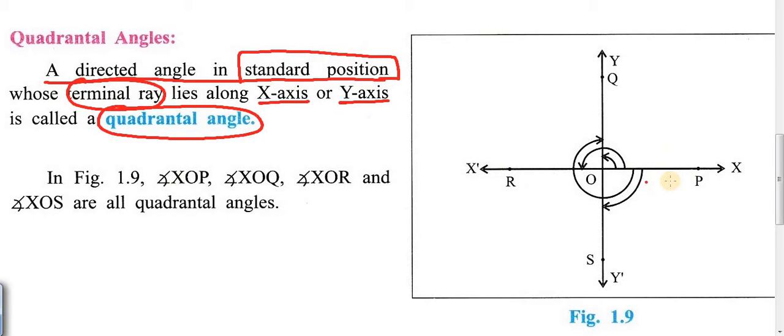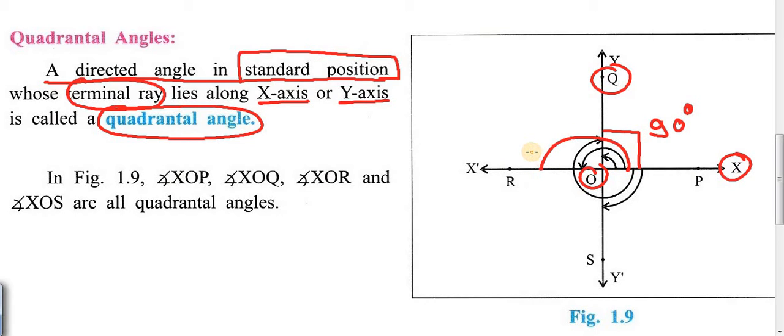Now have a look at this diagram. First is XOQ. XOQ is a quadrantal angle for the first quadrant and the measure of this angle is 90 degrees. Then is XOR.